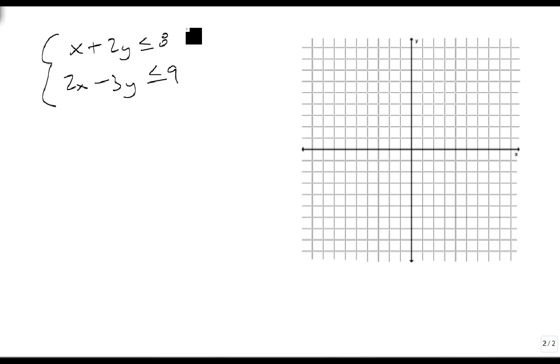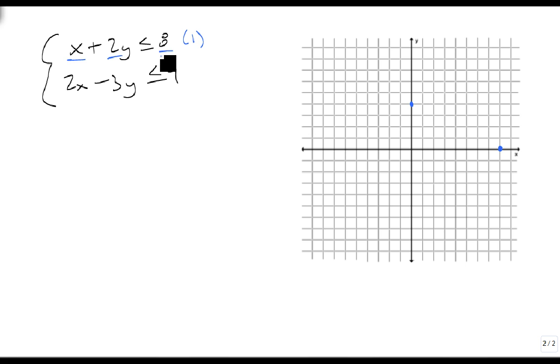Now this first line that we're going to do is pretty easy to use intercepts on because the x and the 8 divide evenly and the 2 and the 8 divide evenly. So when y is 0, x is 8. So 1, 2, 3, 4, 5, 6, 7, 8. And when x is 0, y is 4. So 1, 2, 3, 4.